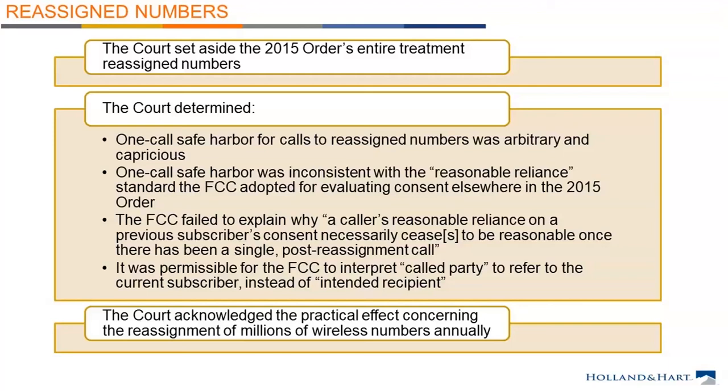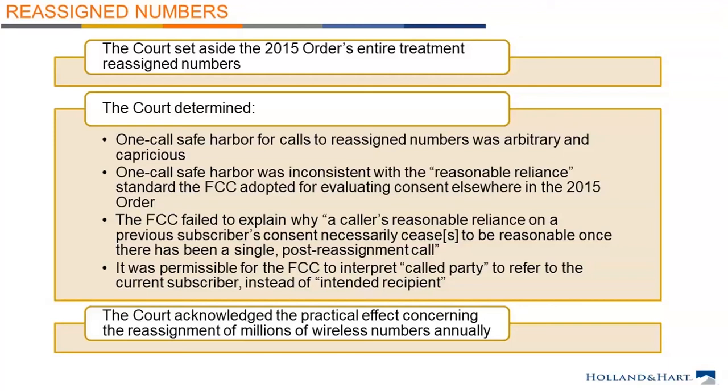It basically says, well, if the caller's reasonable reliance on a previous subscriber's consent is reasonable in one instance for one call, why wouldn't it be reasonable for calls thereafter? And so the FCC failed to explain why a caller's reasonable reliance on a previous subscriber's consent ceases to be reasonable once there has been a single post-assignment call.